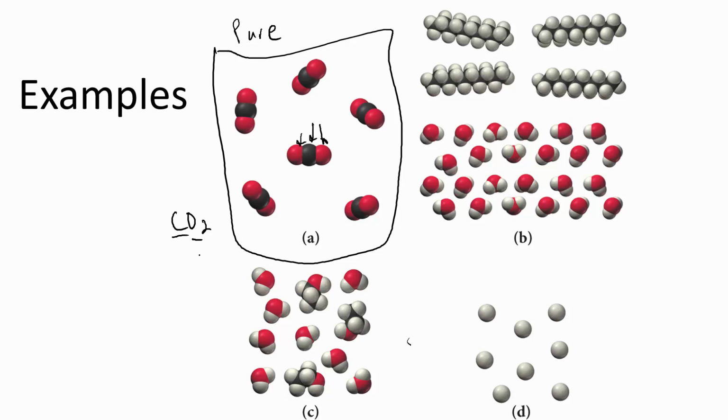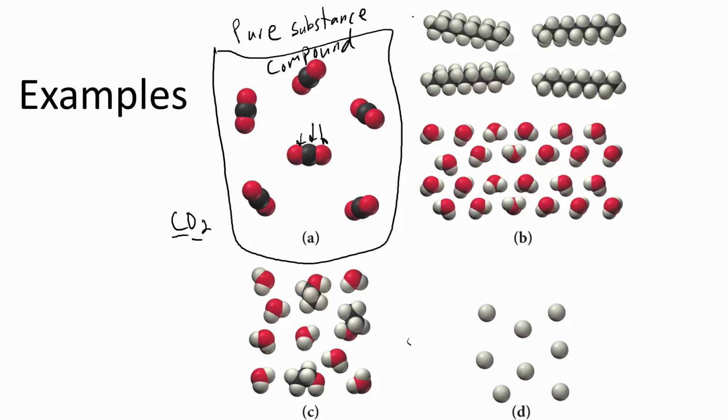But since we have both types of atoms, then this is a compound. This is a pure substance. There's only one type of thing. And this is a compound because it is not just one type of atom. It's multiple types of atoms, but bonded together.